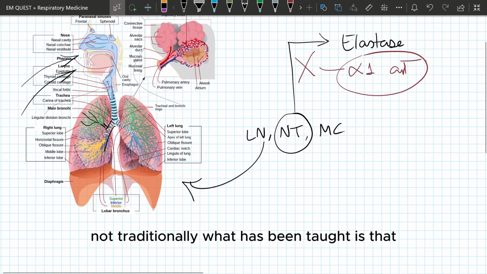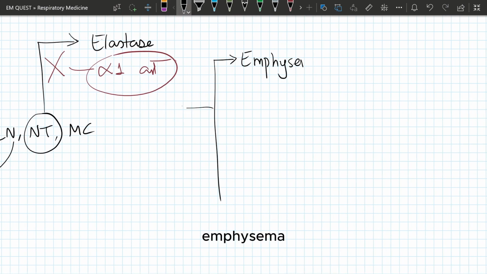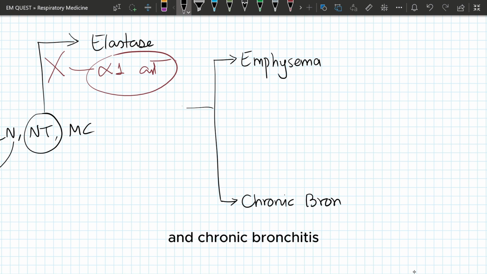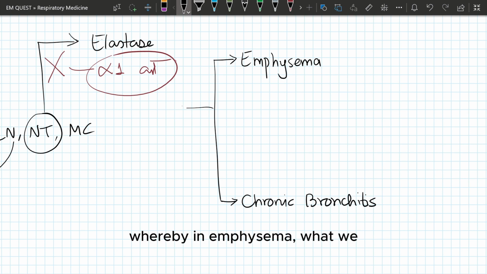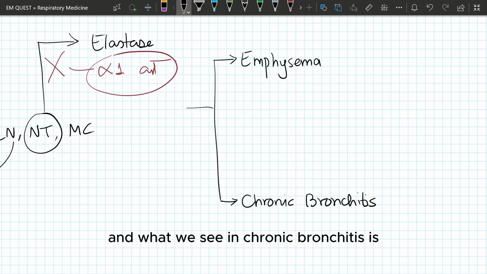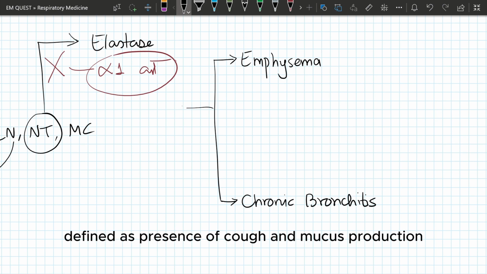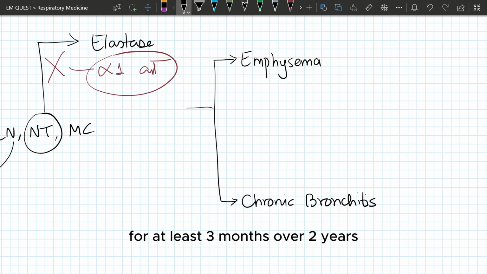Now, traditionally, what has been taught is that COPD patients can be divided into two: emphysema and chronic bronchitis, whereby in emphysema what we see is destruction of the lung parenchyma, and what we see in chronic bronchitis is the increased mucus secretion, and it is defined as presence of cough and mucus production for at least 3 months over 2 years.